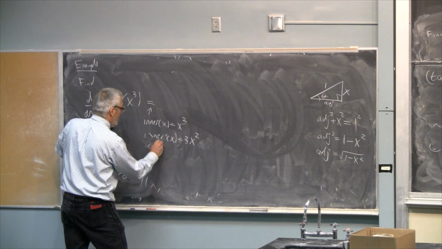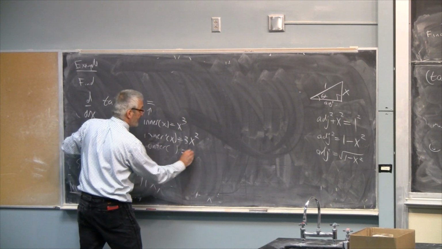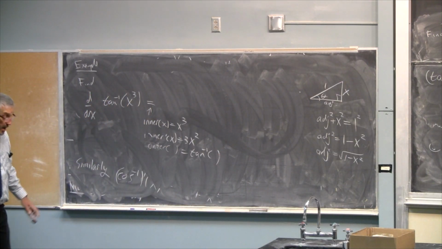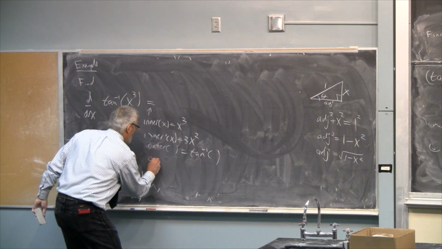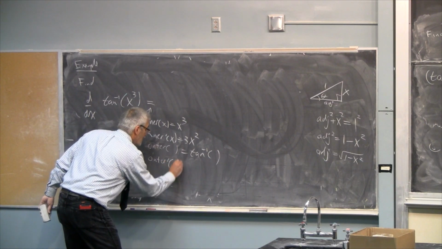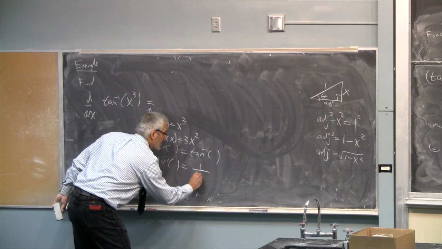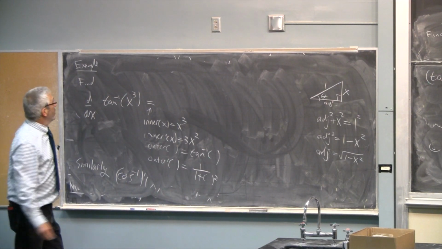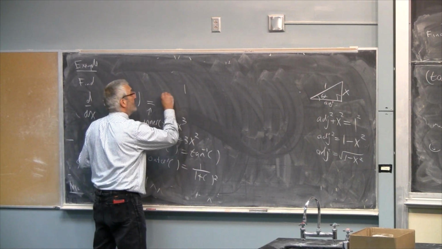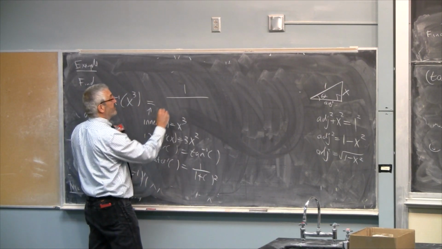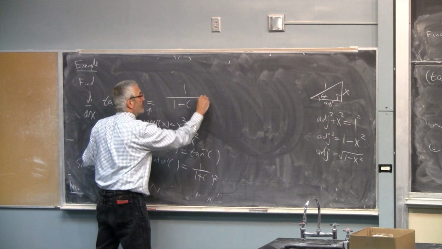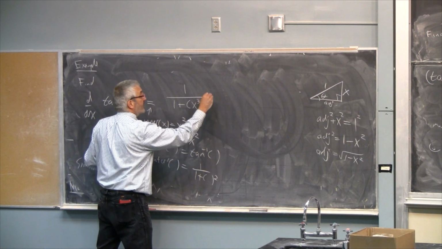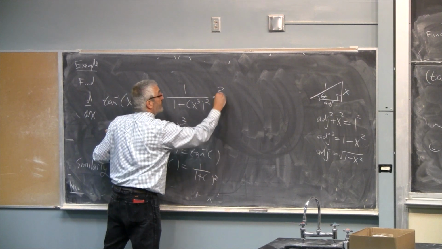The outer function is empty. It's tan inverse of parentheses. So the outer prime is going to be empty, one over 1 plus parentheses squared. So when I put all those things together, I get 1 over 1 plus parentheses squared. I put my original inner function back in there. And then I multiply by 3x squared.